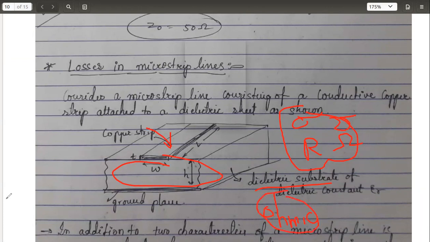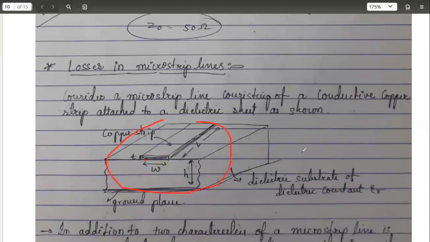Apart from these two, one more loss we encounter here is called radiation losses. Because of the structure, as it is mounted, you have a substrate here and a strip here. Because of this arrangement, at microwave frequencies your microstrip line behaves like an antenna. What does an antenna do? It radiates, it transfers the energy. Because of the structure and the mounting, its behavior is like an antenna.